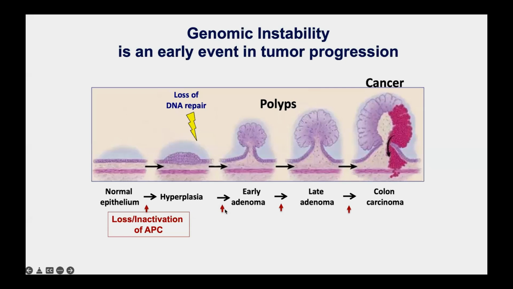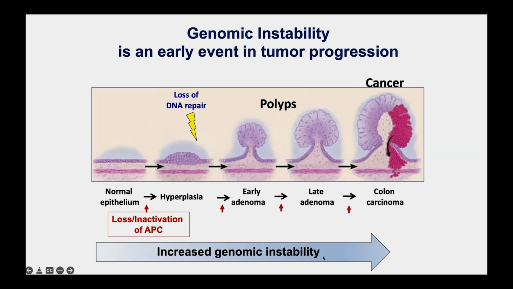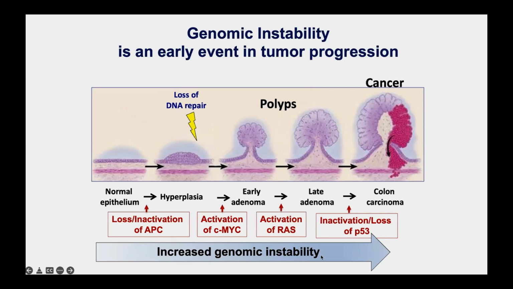We now know that there are tumor suppressor genes and oncogenes along the way. Once you lose DNA repair, which is thought to be an early step in the development of colon cancer, and you increase genome instability, then you start to accumulate all these other mutations that lead to a full-blown carcinoma.